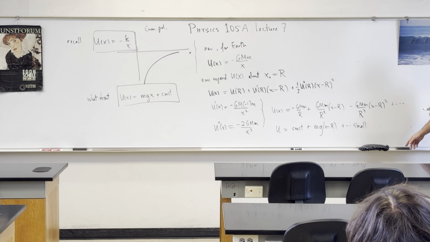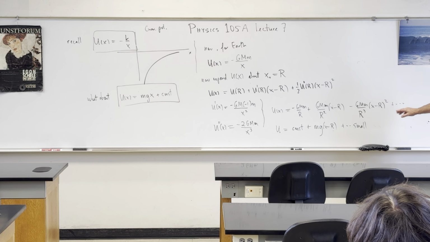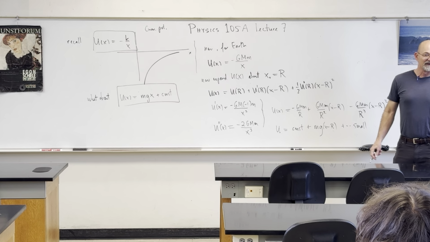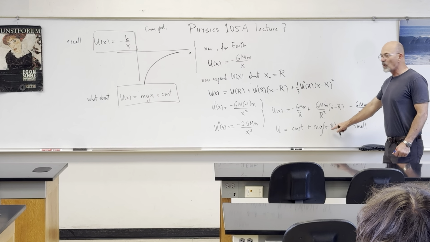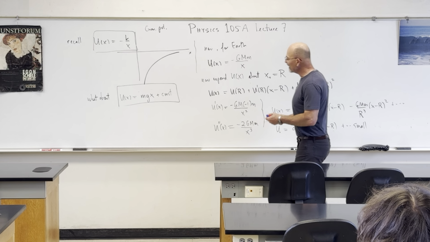So if we're even 100 kilometers over the surface of Earth, and the radius of Earth is several thousand kilometers, then that is still a small quantity. So the more we study Taylor expansion, the more we see what's going on here. And this is the small quantity above the surface of Earth, which I just have to rename, okay? Like mgy, that's the way we always were talking about this before. So that's how we reconcile these two.